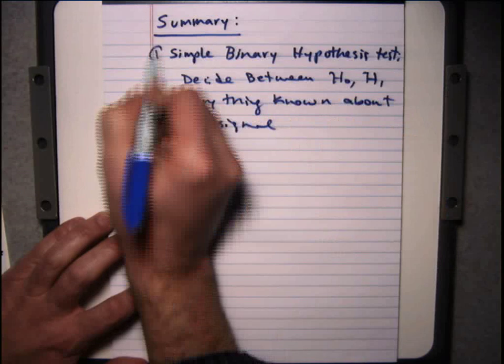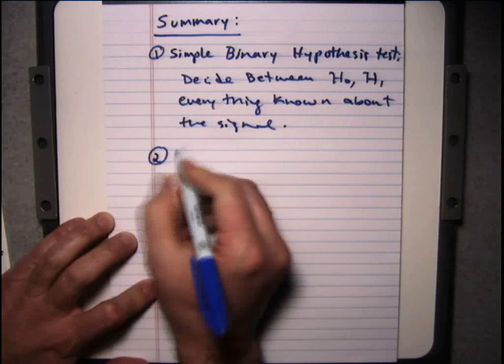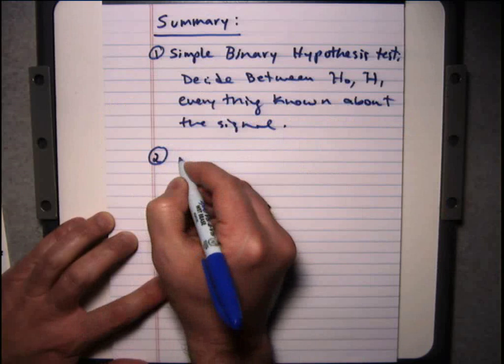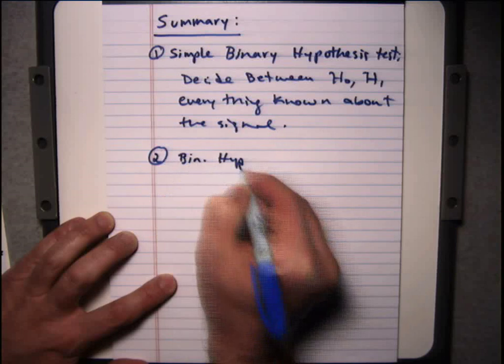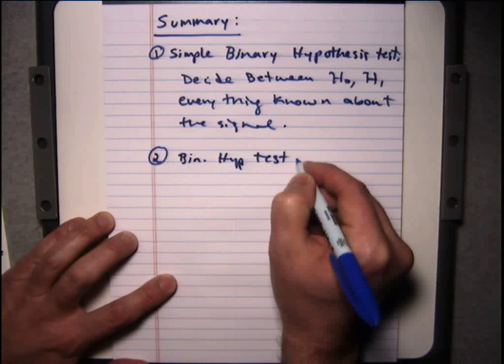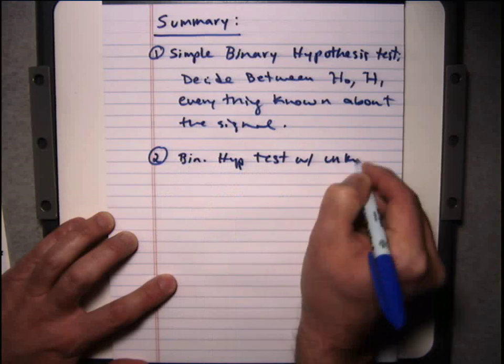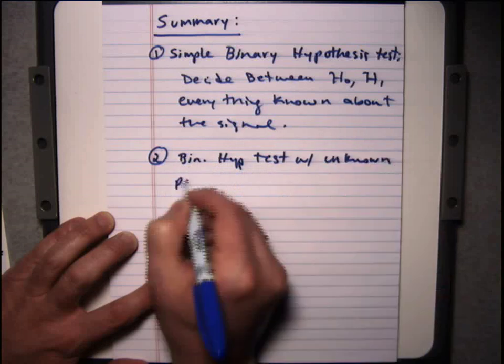So that's one. So two, this is, again, the binary hypothesis test with unknown parameters.